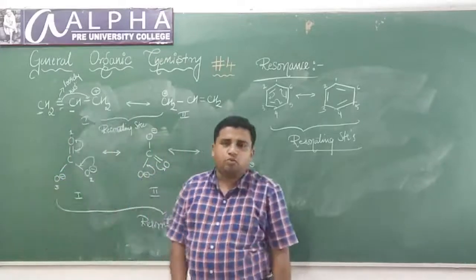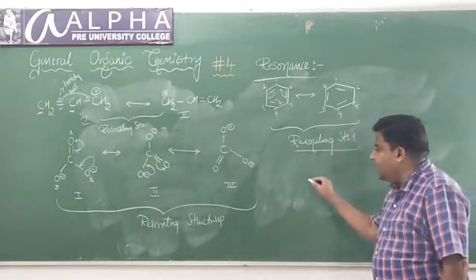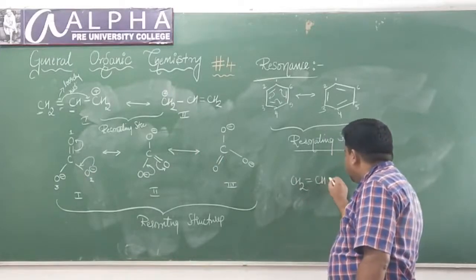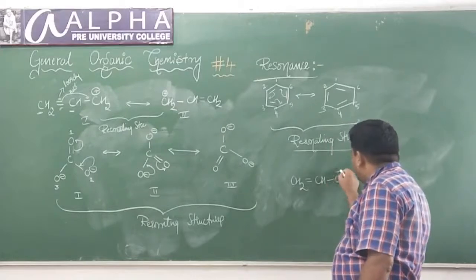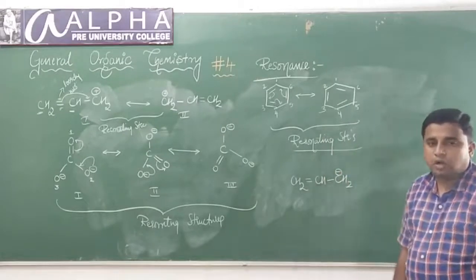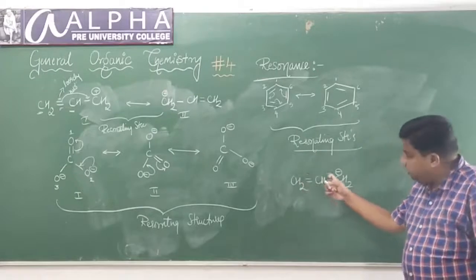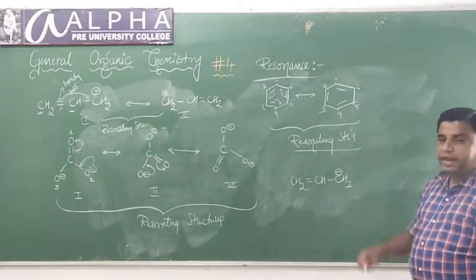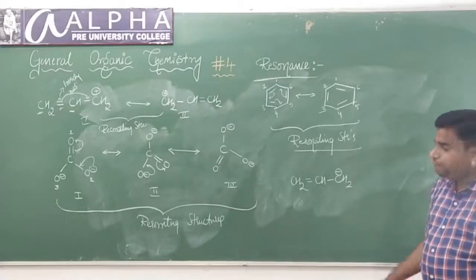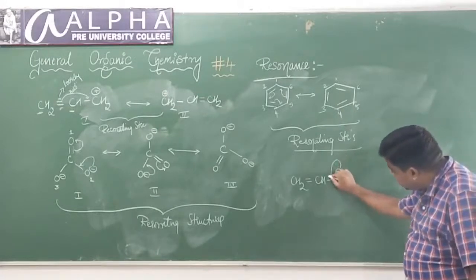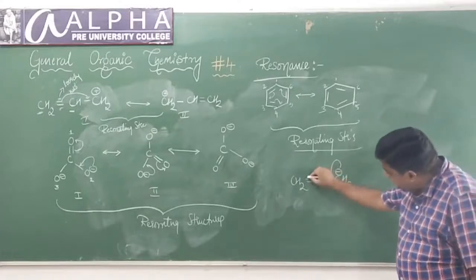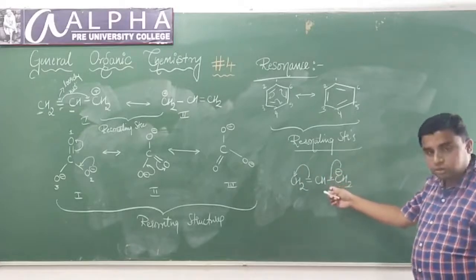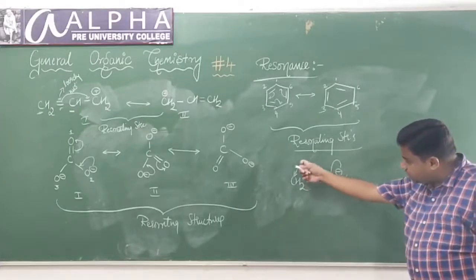If I consider one more example, look here. What is this? CH2 double bond CH single bond CH2 minus. Now there is a double bond, a single bond and a negative charge. What will happen? This negative charge will be displaced here, and the pi electrons will be shifted to this carbon.